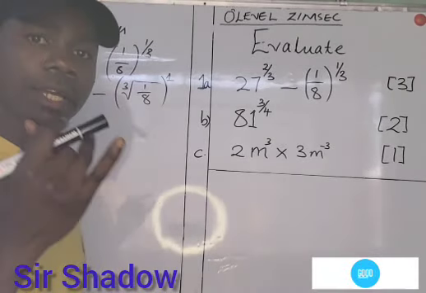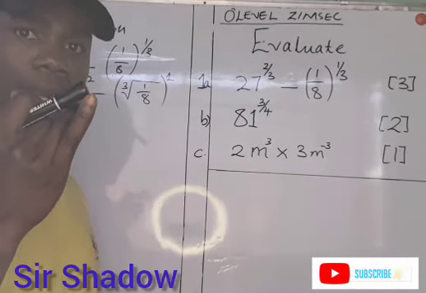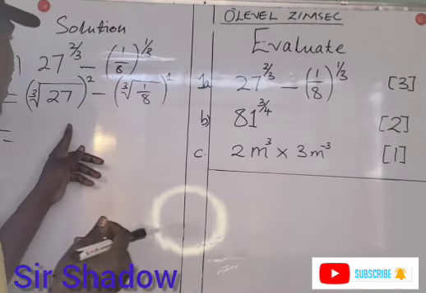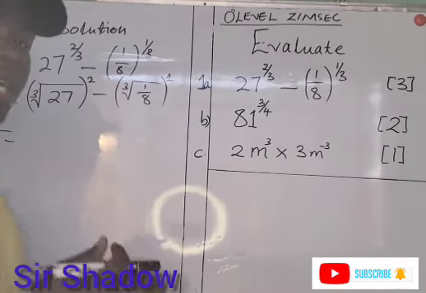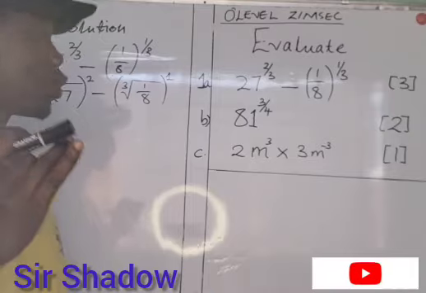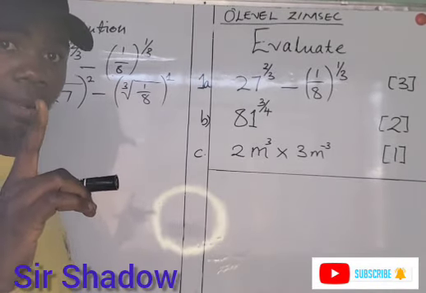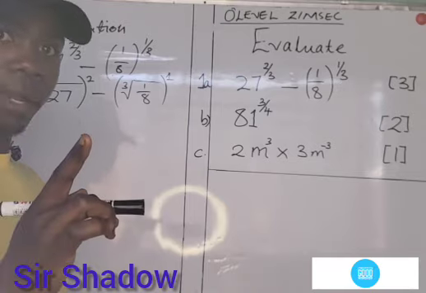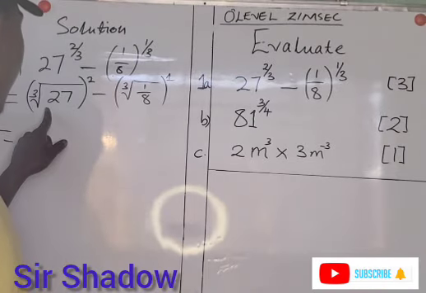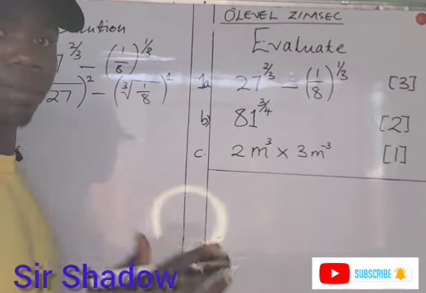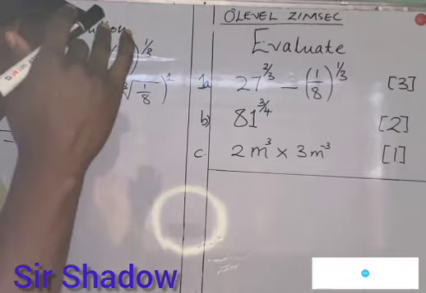We want to find a number which, multiplied by itself thrice, gives us 27. Thrice just means 3 times.